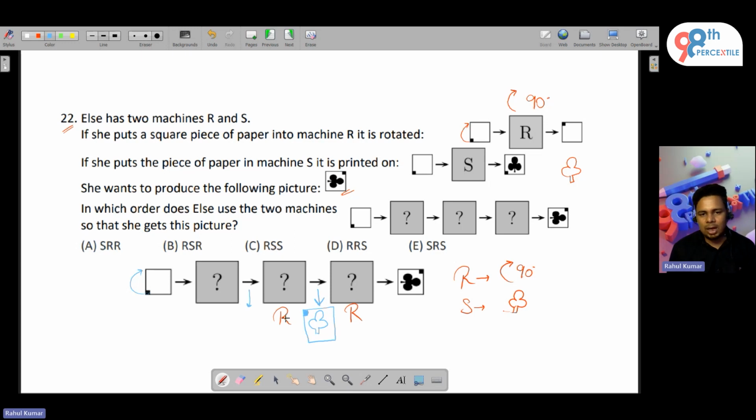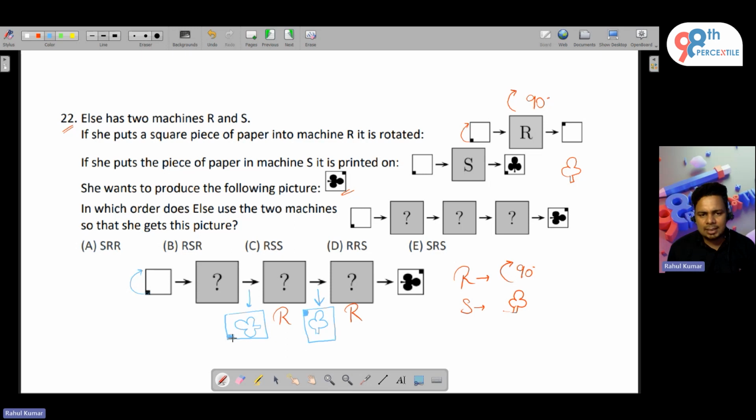Before R, we need to rotate it backwards. So it has to be in this shape, and this will become over here. Then only we'll put in R and then we will get this one, right? We are just moving it in this manner.